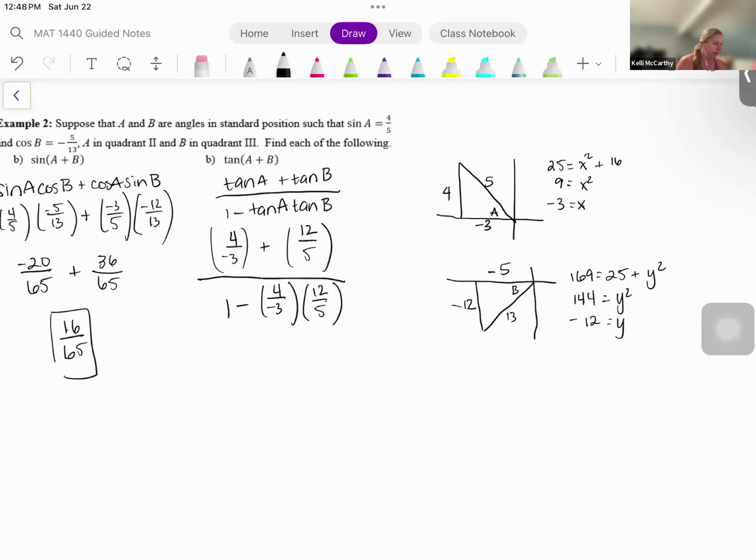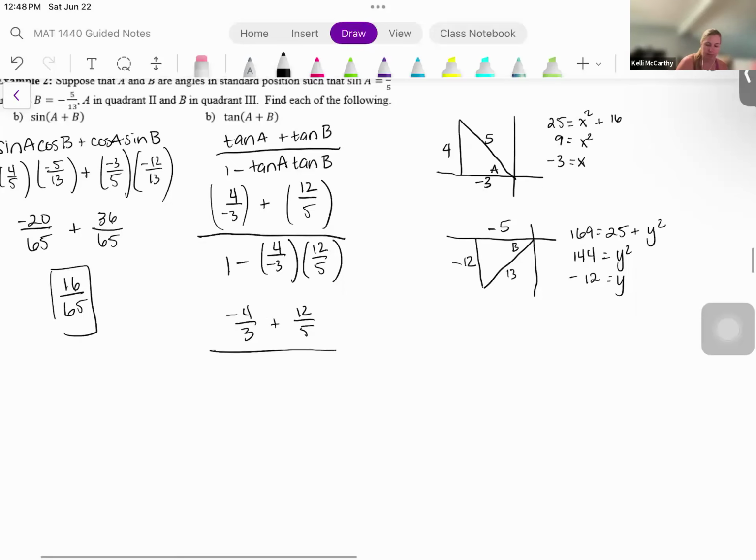Now I'm going to simplify the denominator here, and clean up the numerator. So this is -4/3 plus 12/5. That negative, because it's a single digit in the numerator, single digit in the denominator, we can move that negative to the numerator. We could put it out front, but the numerator is the most common position for that. I think it makes it a little bit easier to work with.